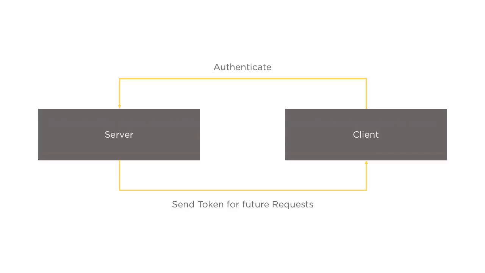And if we want to fetch data which is protected, for example, if we want to create a new message and we only want to allow this for authenticated users, we would attach this token to our request, and then on the server we could validate this token, so see if the token is valid, if it matches the data we have on the server.